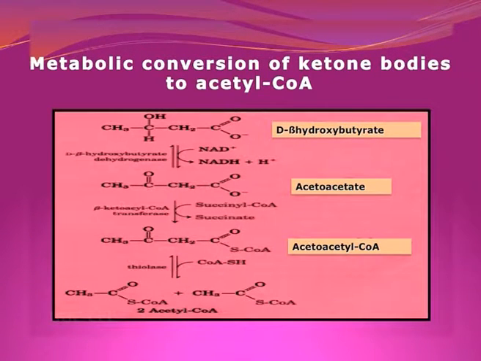This slide will show you how the ketone bodies are getting converted to acetyl-CoA. Firstly, there is the participation of the enzyme D-beta-hydroxybutyrate dehydrogenase. It is a NAD+ dependent enzyme. Using this enzyme, the compound D-3-hydroxybutyrate gets converted to acetoacetate. This acetoacetate then reacts with succinyl-CoA and forms acetoacetyl-CoA.